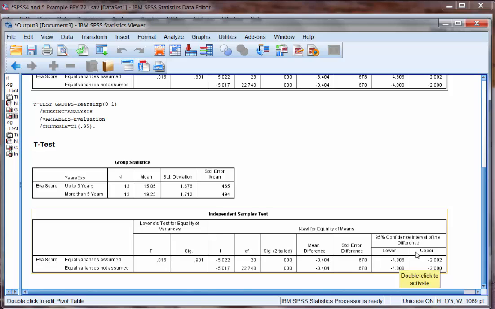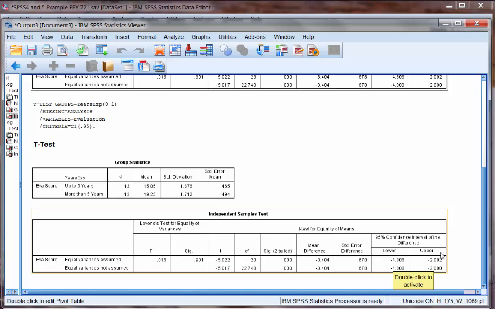Now notice with the confidence interval that the confidence interval in this case goes from negative 4.806 to an upper of negative 2.002.